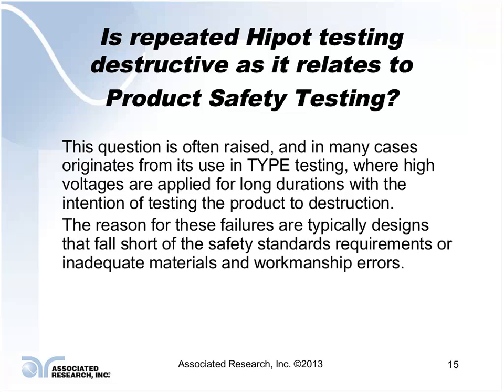So it's conceivable that an item could be tested 4, maybe 5 times, where certain components within the product are tested repeatedly. Am I damaging the insulation of that product where it could actually be destroying the product itself?